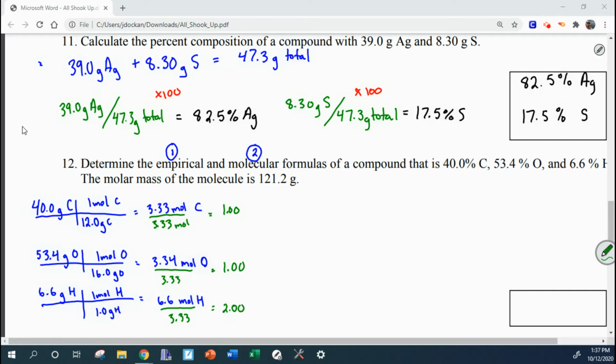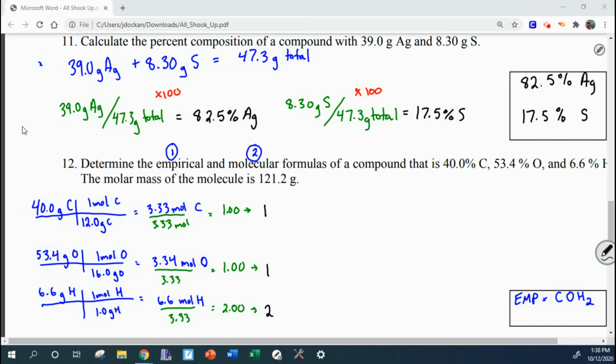So when I round till whole, my final step, I just divided by smallest, and I'm going to round these numbers to whole, which would be 1, 1, and 2. So my empirical formula is going to be the subscripts of these numbers. My empirical formula is going to be COH2.